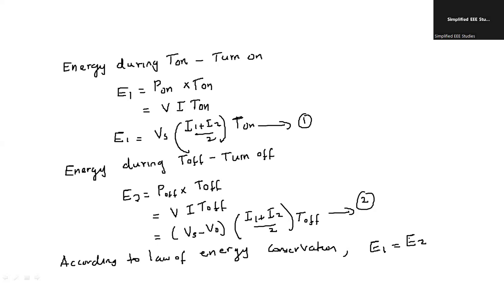At a certain time, equilibrium will be established, so at that time we can equate those two equations. The expression for E1 will be equal to E2. So we have already called, that means equating 1 and 2 respectively.